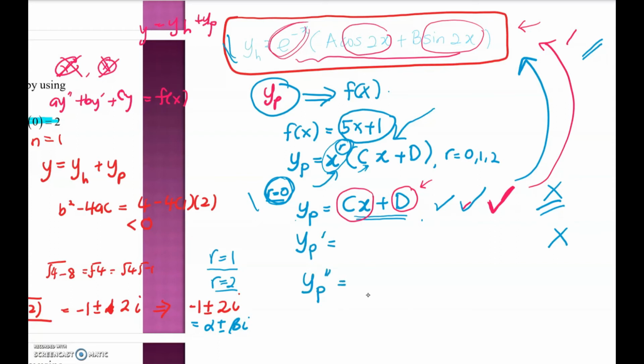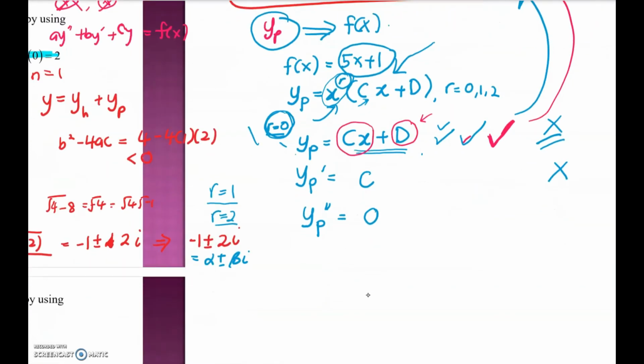Kenapa? Kita kata ini solution, tapi betul ke tidak? Then you need to prove it. Dan kita akan masukkan dalam actual question nanti. Kalau kiri dengan kanan sama means that betul lah, this is your correct initial guess. So now we find the first derivative, which is c, then the second derivative is 0.